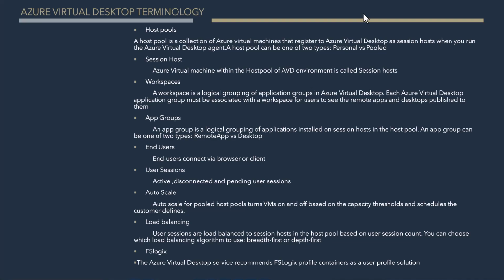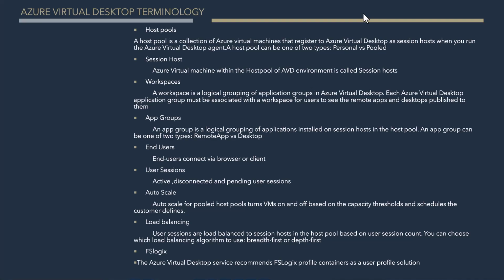WVD is Windows Virtual Desktop, AVD is Azure Virtual Desktop. Both are the same thing, Microsoft just changed the name. End users connect by browser or client. There's a client we can download. I think there's another video where I showed you how to download it and connect to Windows Virtual Desktop.